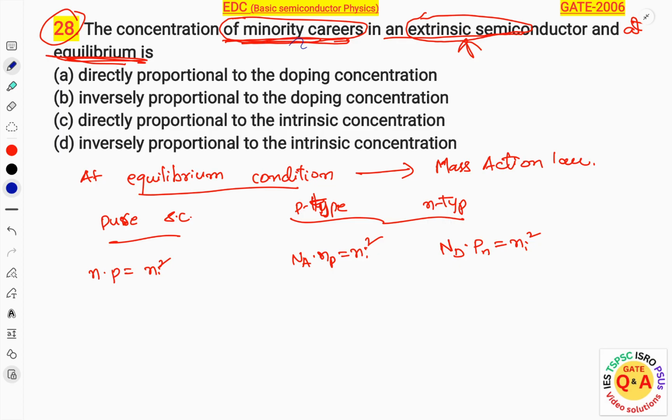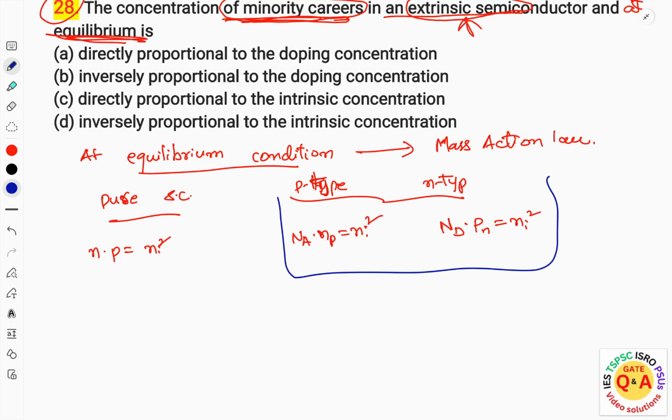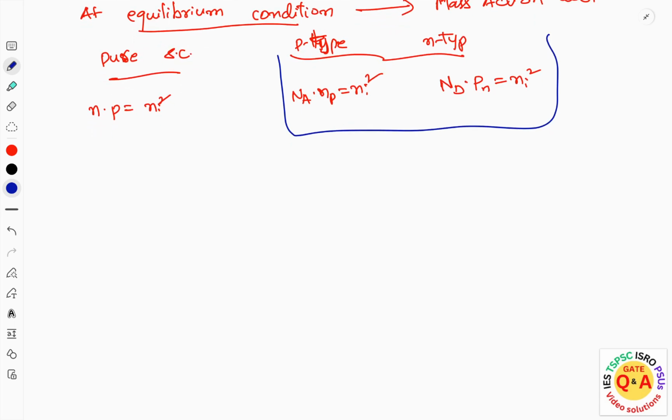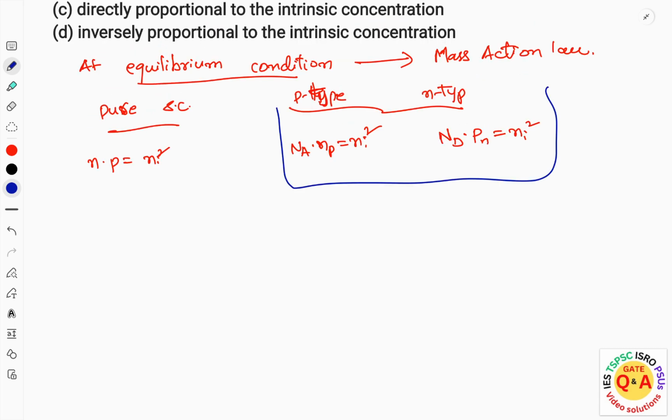Now, given minority carriers in the case of extrinsic semiconductor, we need to consider these two cases now. From this, minority carriers is equal to Ni square by Na, means doping of acceptors.